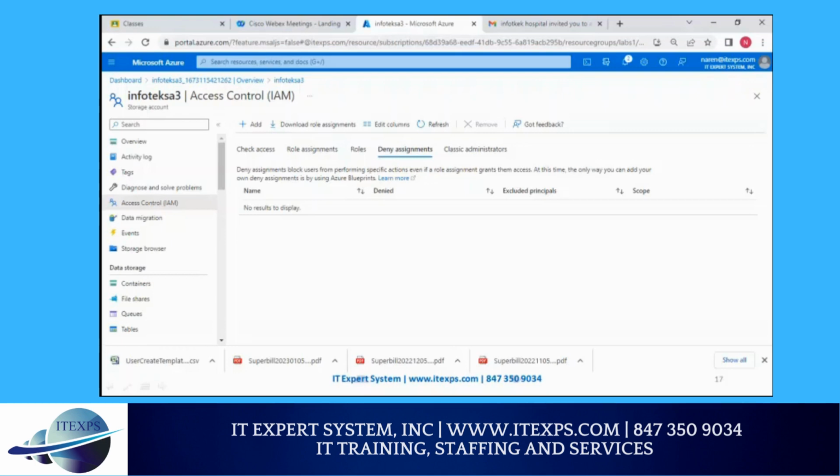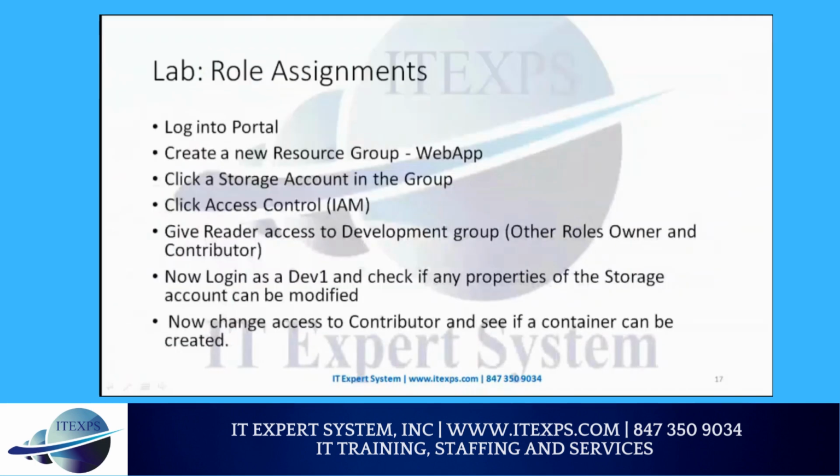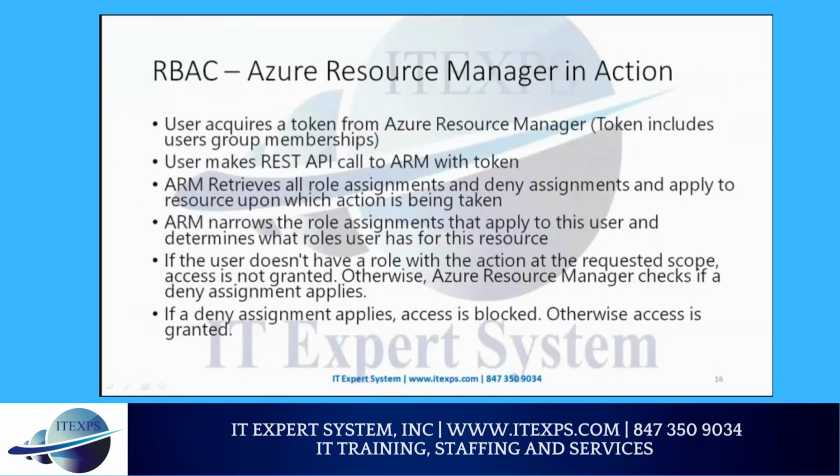So what happens is like this. Whenever somebody logs in, right, there's a service called ARM or Azure Resource Manager. That's when you authenticate, and you are given access based on your roles, right?